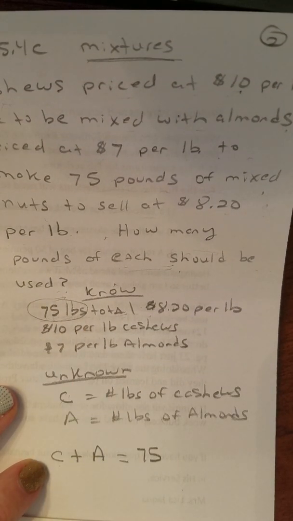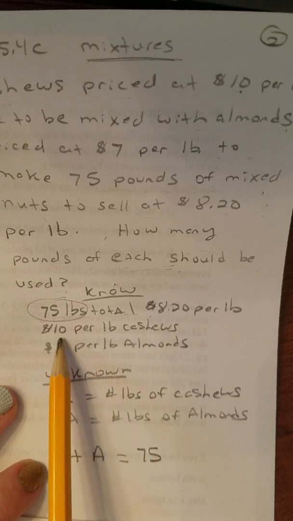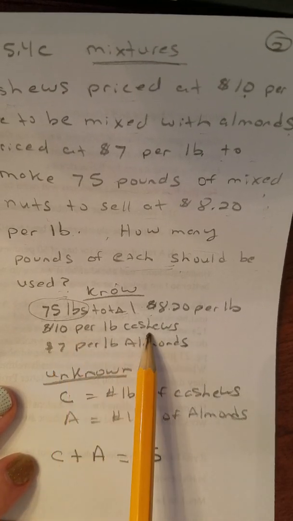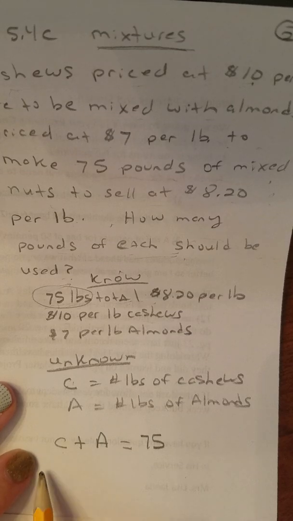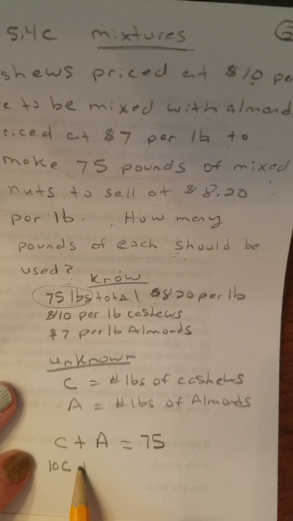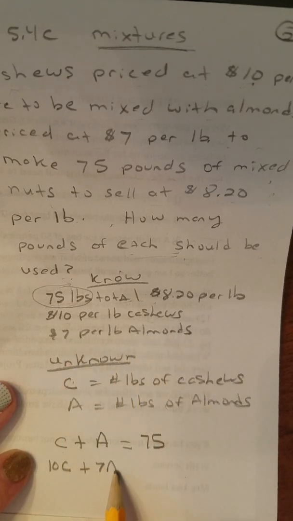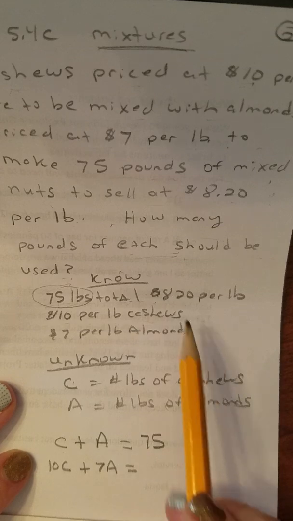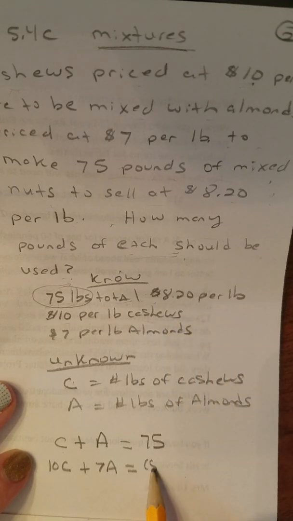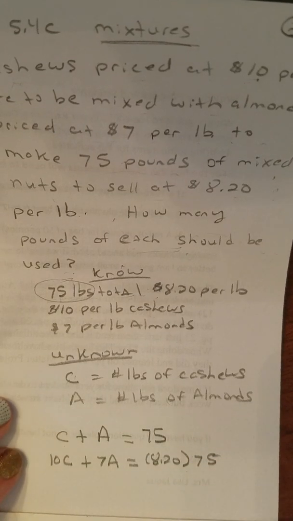We also know that it's $10 per pound of cashews, $7 per pound of almonds, and $8.20 per pound of the total mix. So this is what we know. Here we have two equations now, and we can solve for the unknown.